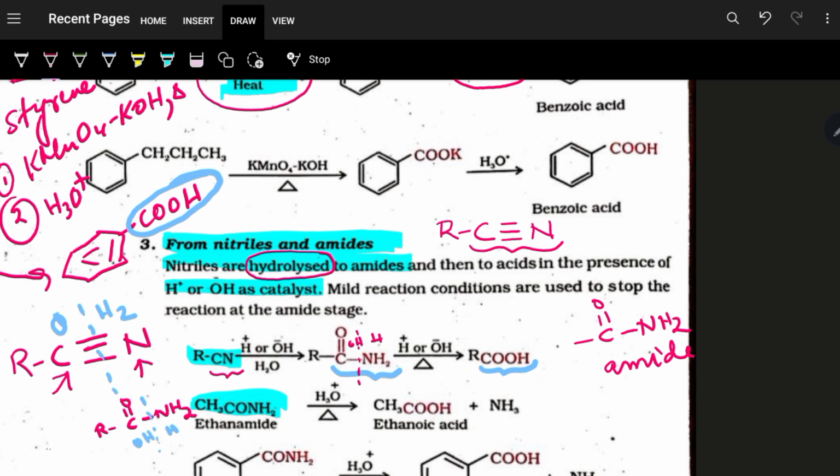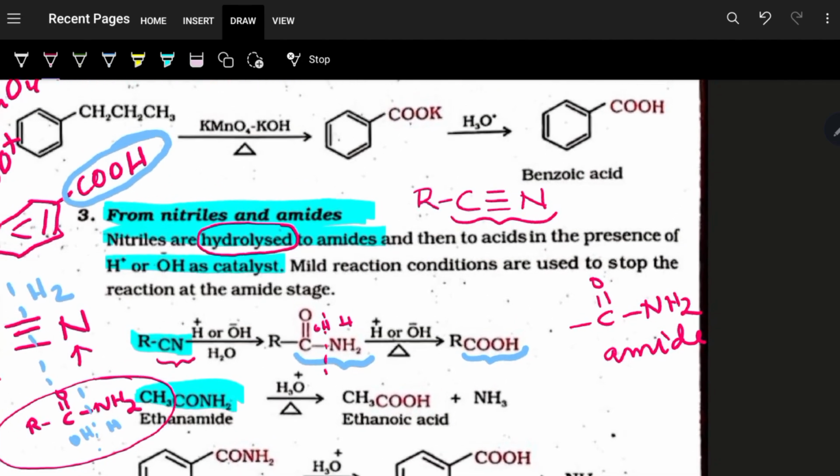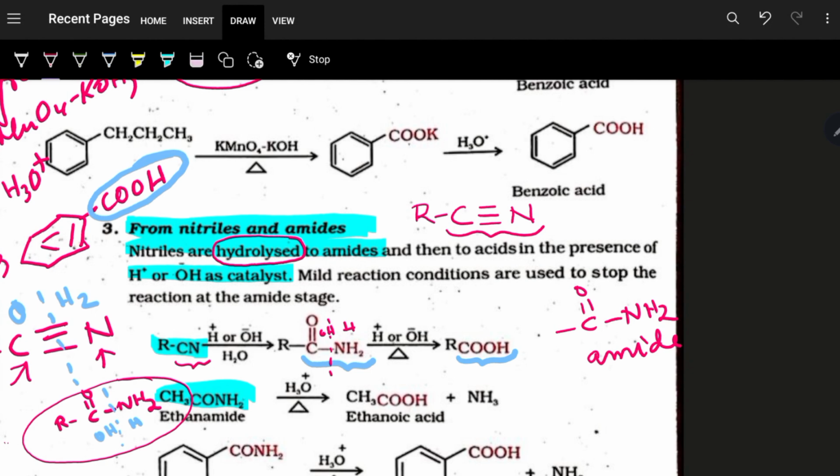So nitriles are hydrolyzed in the presence of H plus or OH minus to give RCONH2, which is amide. Now, amide on heating with H plus and OH minus will give you acid.